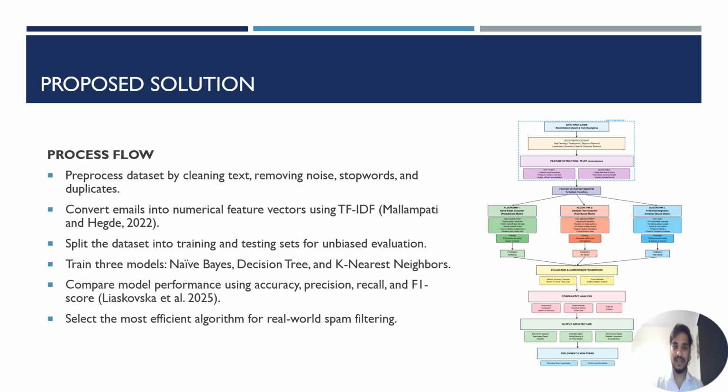The dataset is then divided into training and testing sets for unbiased model evaluation, where three machine learning algorithms are trained and tested under the same conditions, and their performance is compared using key evaluation metrics. The system follows a simple flow: data input, pre-processing, feature extraction, classification, and final output.